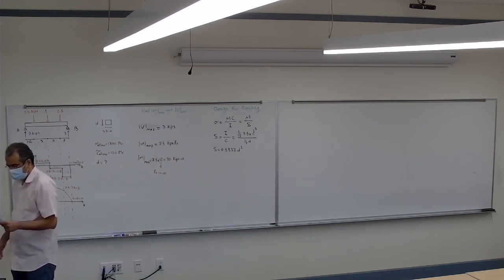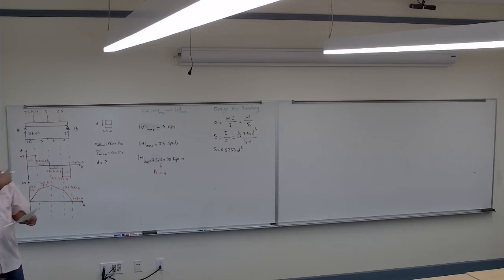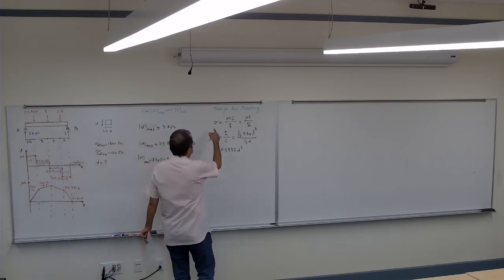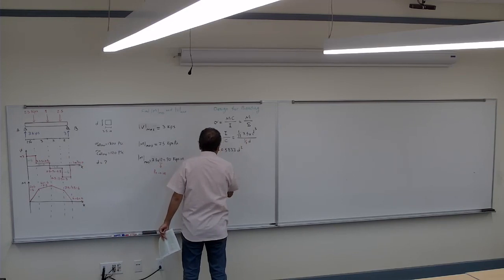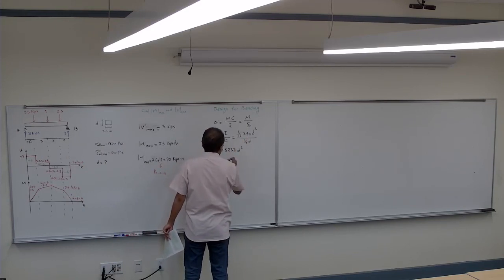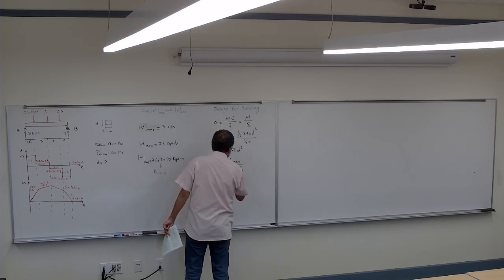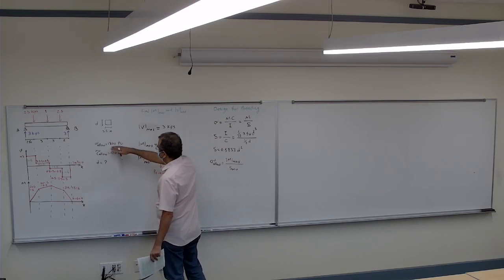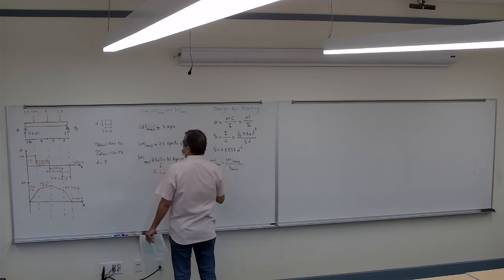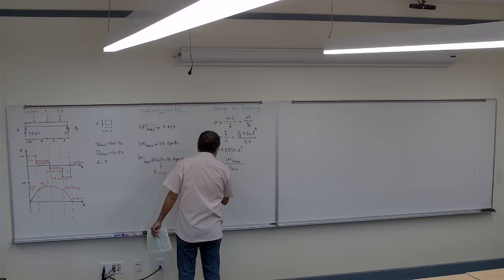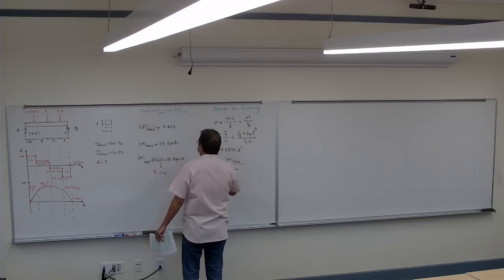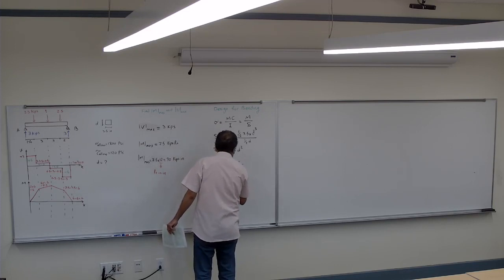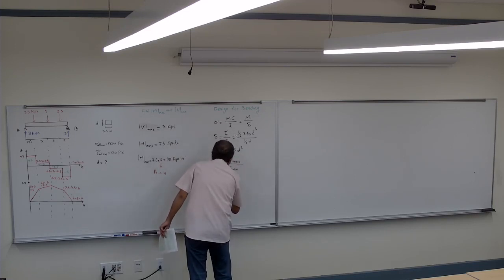So I'm going to put them in the equation. I know that in that equation, the sigma allowable should be equal to M max divided by S min. That's what I want to calculate. The sigma allowable is 1800 psi. So the 1800 is equal to the maximum moment that I have, 90, divided by 0.5833 d squared.